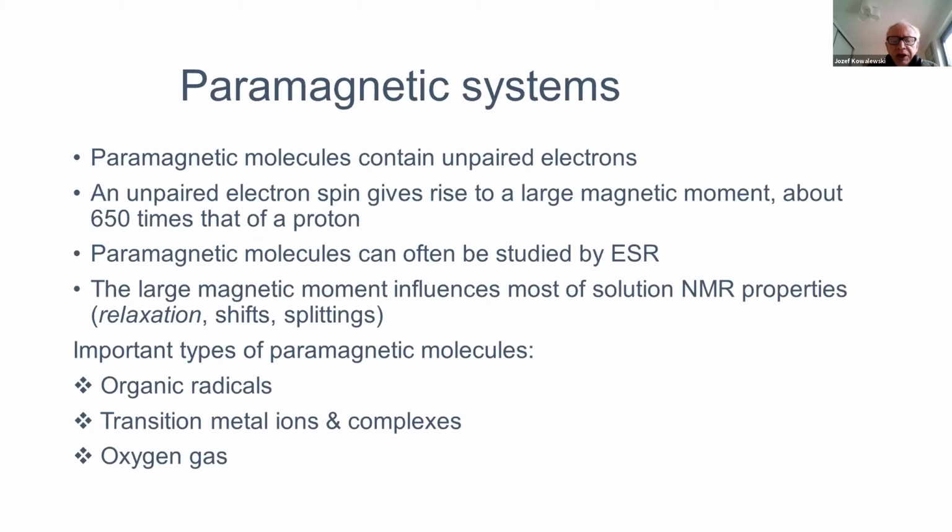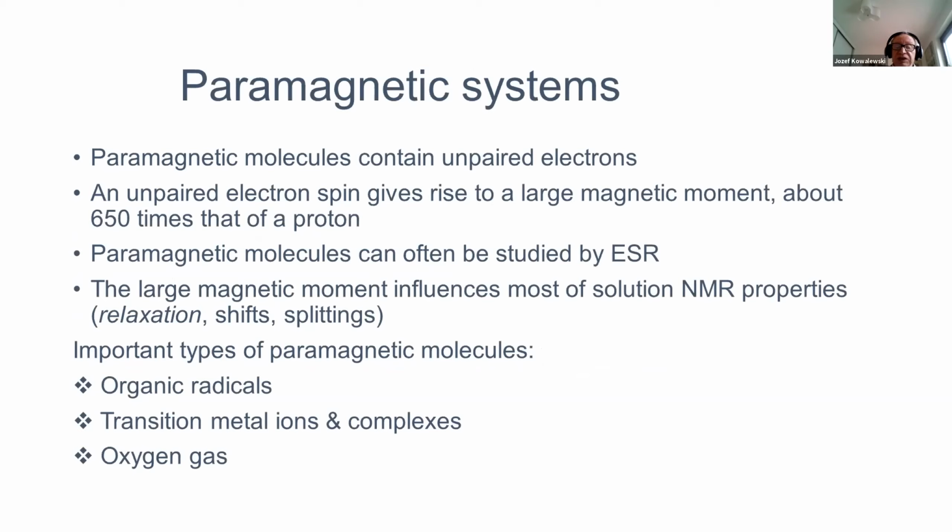So paramagnetic molecules contain unpaired electrons, and an unpaired electron spin gives rise to a very large magnetic moment, which is about 650 times larger than that of a proton.